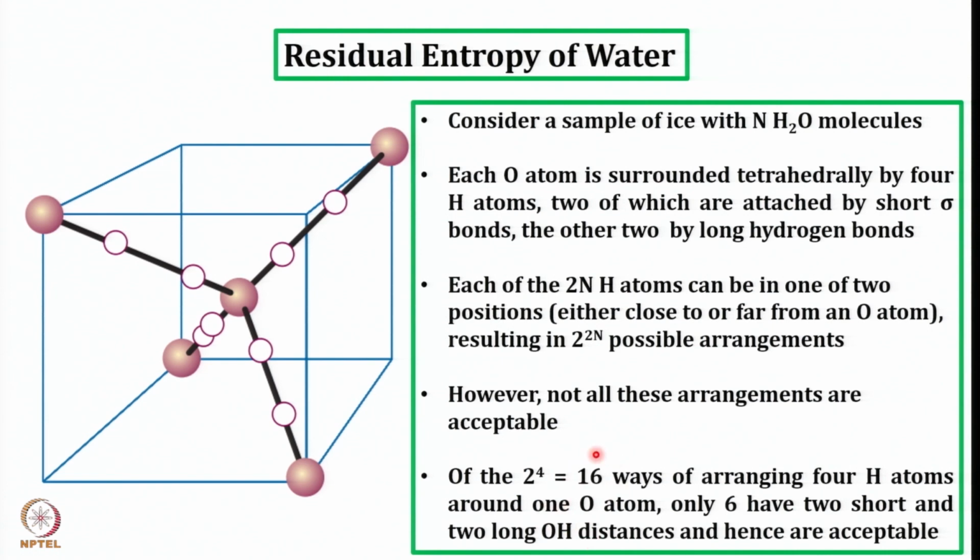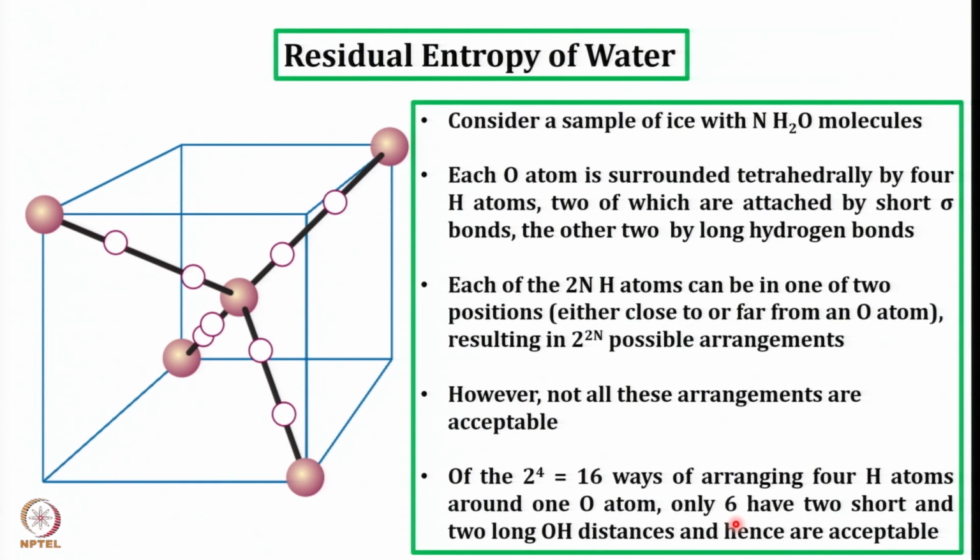Out of 16, not all are acceptable, only 6 have the right short and long OH distances. The other arrangements cannot fulfil the restriction of too short and too long.